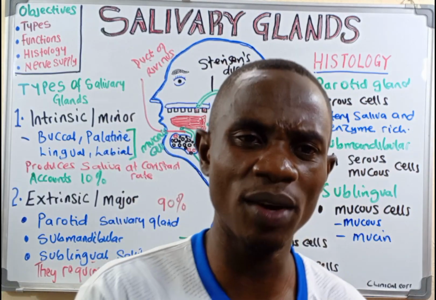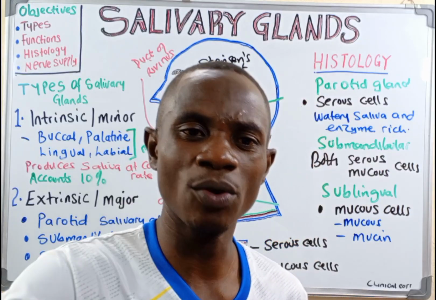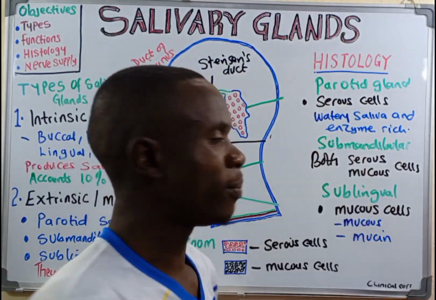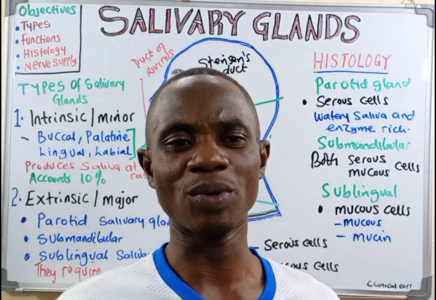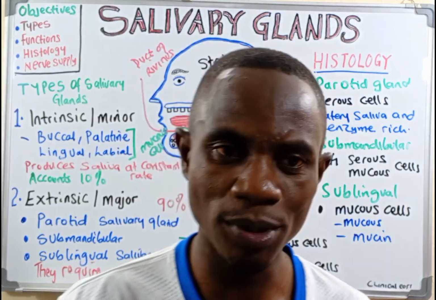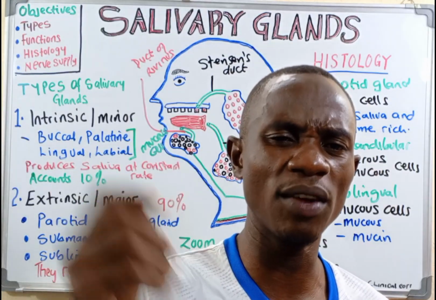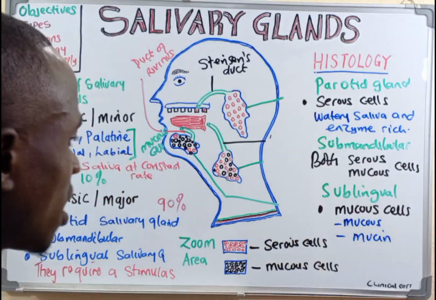And how do we call that condition? Due to the infection of the parotid gland by the mumps virus, we call it parotitis. Another term which very many people use is the mumps. It is very contagious and spreads through respiratory secretions.